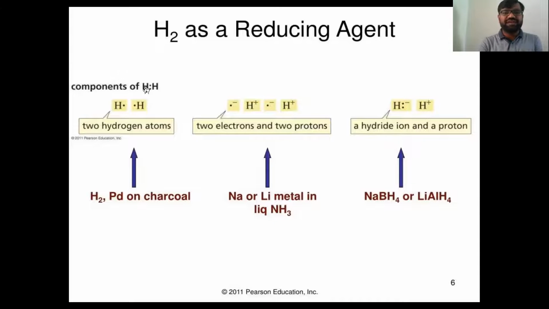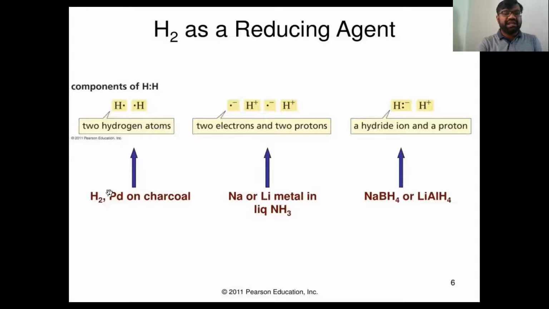Generally we know that one hydrogen atom is bonded with another hydrogen atom. There is a bond between these two. Basically it is a covalent bond, a bond formed by the sharing of electrons. The two hydrogen atoms are connected with each other.